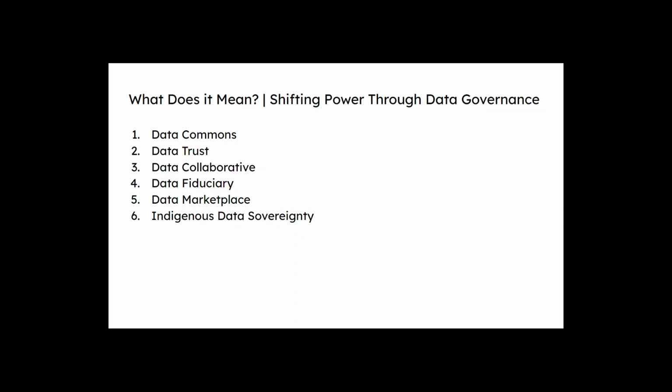And also, some of these see these governance questions more as a business opportunity, while not necessarily trying to resolve the core power asymmetry. Okay, so that is the data fiduciary.